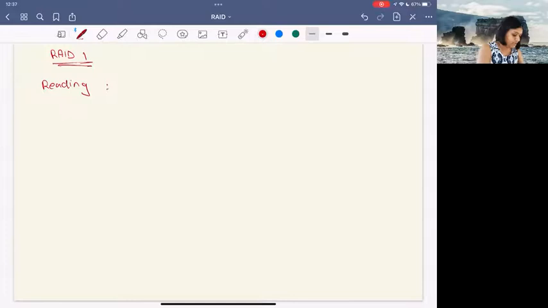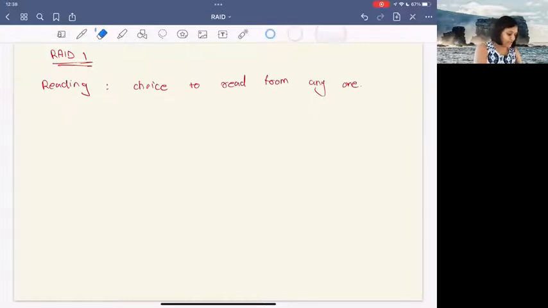So in terms of reading, we'll have a choice to read from anyone. Now, many of you must already be thinking, how does this choice of reading from one translate to the 3 metrics of parameters, capacity, performance, and reliability that matter to us? Good, keep thinking. We would be getting there soon.